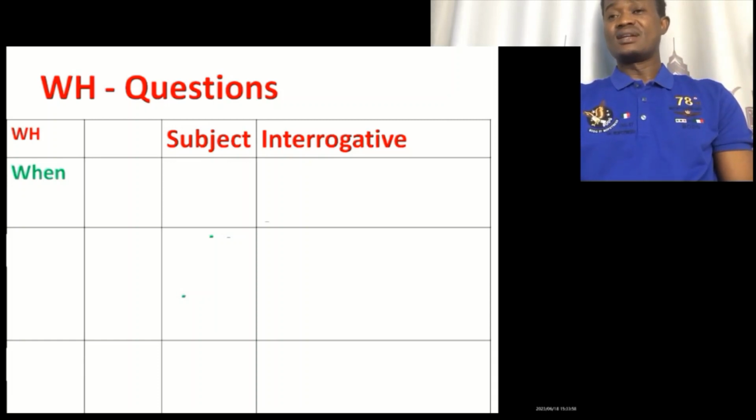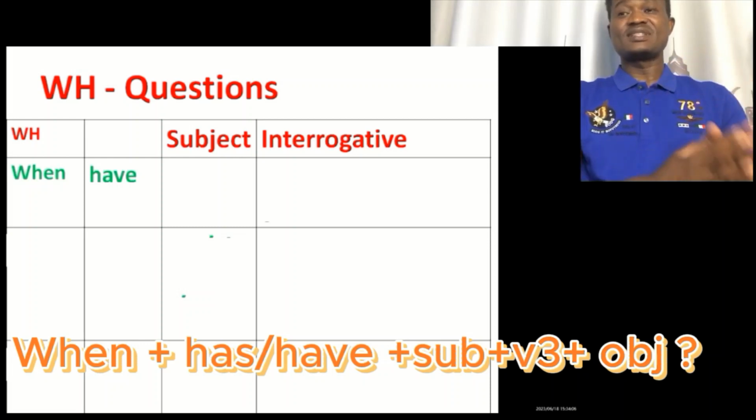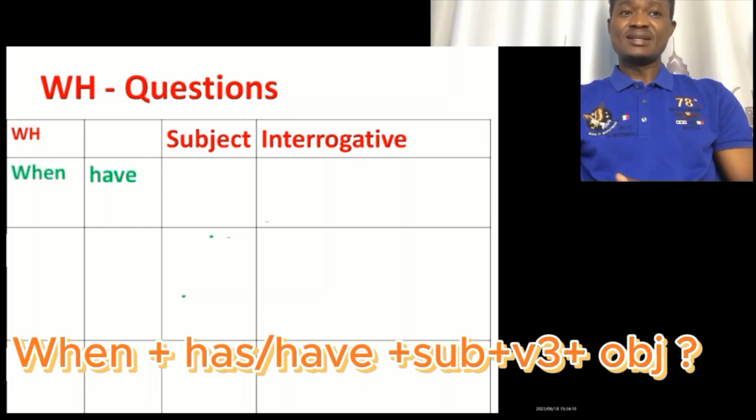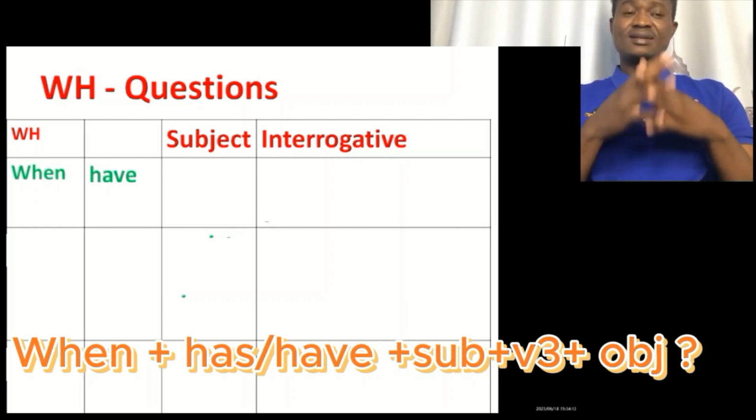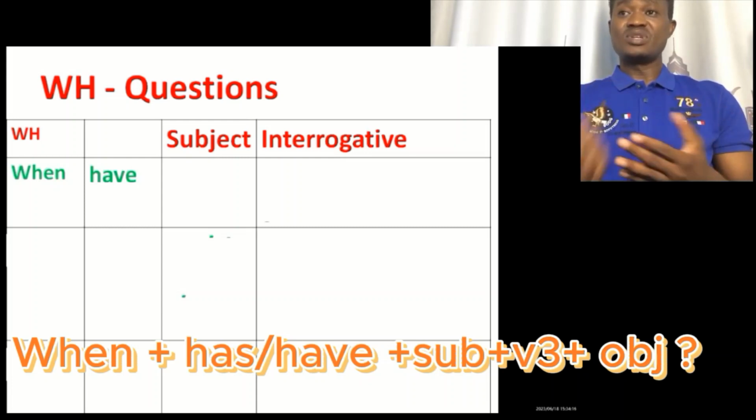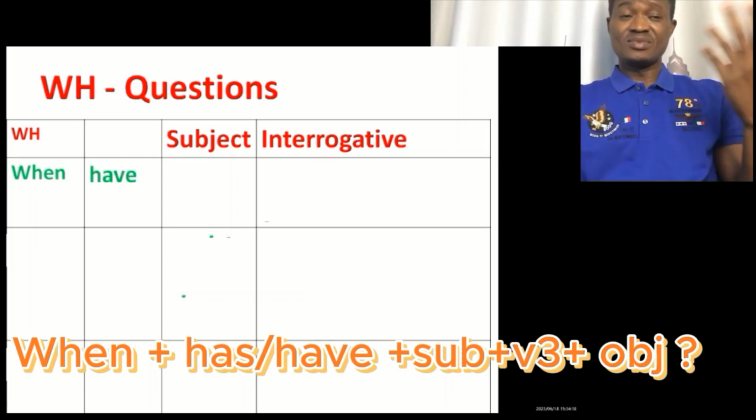Have is an auxiliary verb. When you are asking a question, the wh-word has to be first, followed by the auxiliary verb, then the subject, then the V3 verb, then the objects. This is the formula for asking a wh-question in present perfect simple.